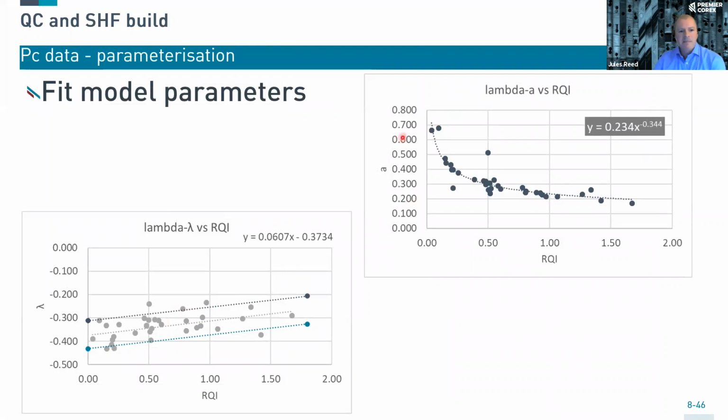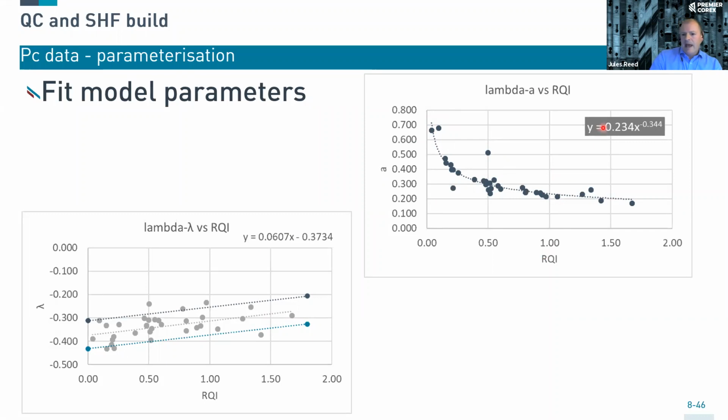Now this is how in the lambda function, after I had obtained A and lambda for all of these samples, about 35 samples in total, A correlates to RQI. You can see we've got, apart from 1, maybe 2 outliers, a very unique fit with a power law fit.